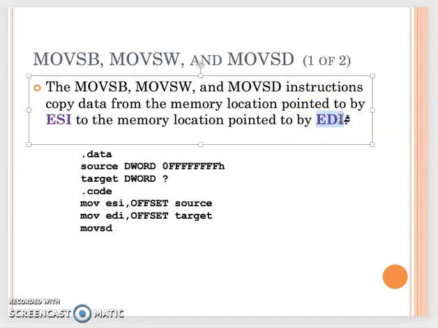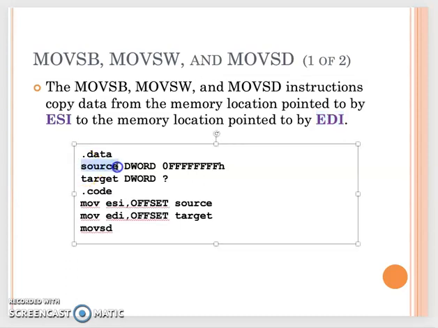Usually we use these two registers as the reference for the source and the destination. So for MOVSB, MOVSW, and MOVSD, by default the memory location pointed to by ESI is copied over to the location pointed to by EDI. Depending on whether you use MOVSB or MOVSW, they copy over 1 byte, 2 bytes, or 4 bytes. Here, for example, we have a source dword value and a target dword value that is not set.